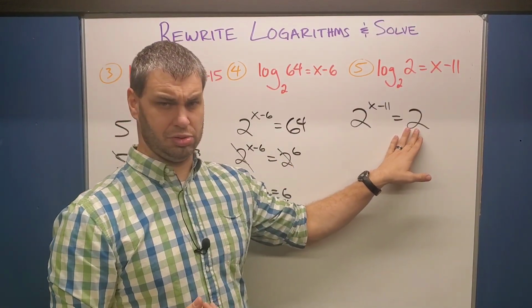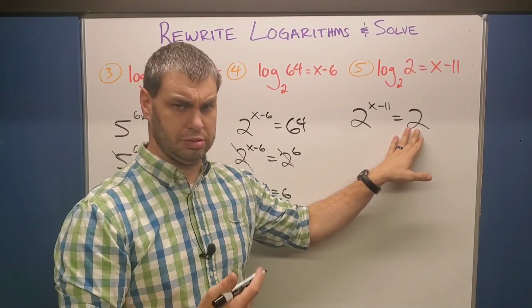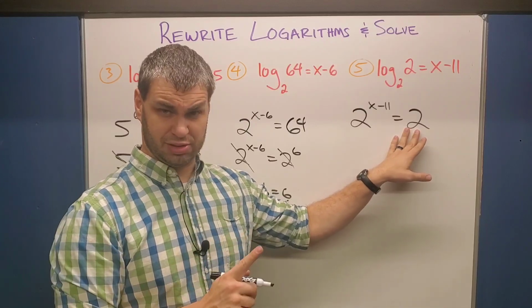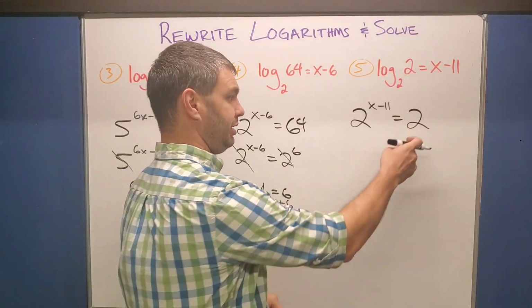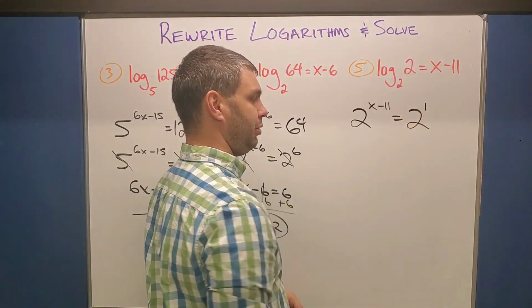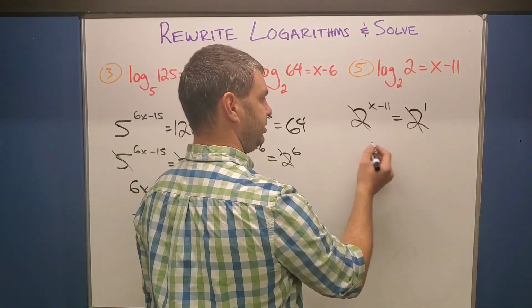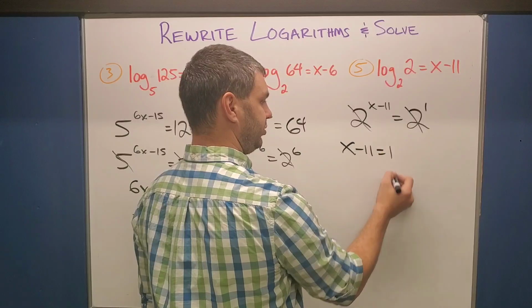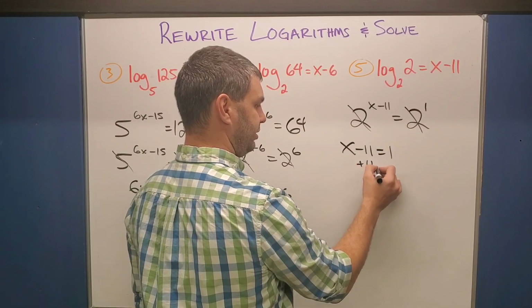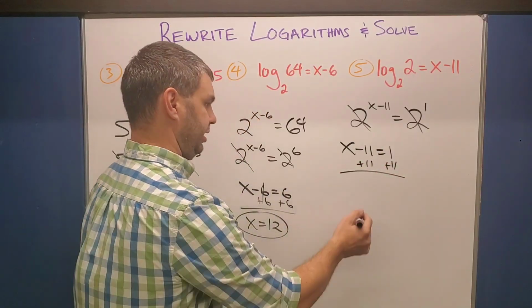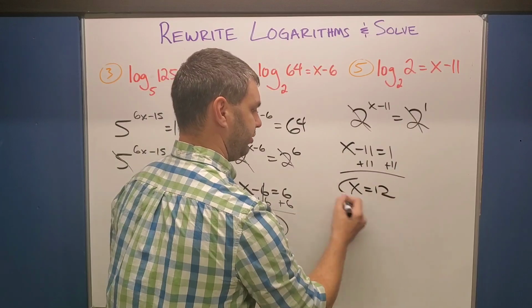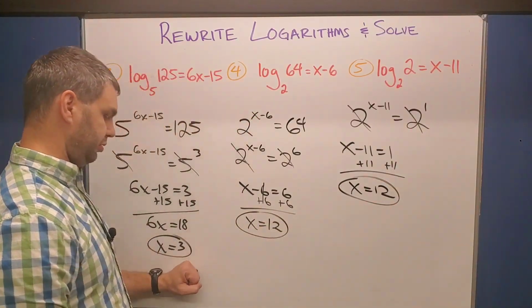What's 2 to the 0? Well, that's 1. What about 2 to the first? Well, that's 2. Because we want this to be 2, I think I have to put a 1 up there just by itself. Now I can cancel my 2s and get x minus 11 equals 1. Add 11, and we have another answer of 12. So x equals 12 for both these last two, and this one was x equals 3.